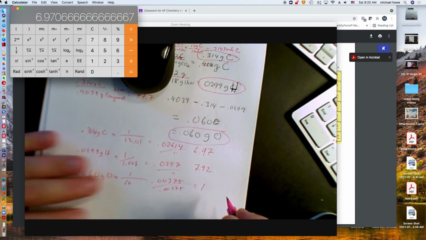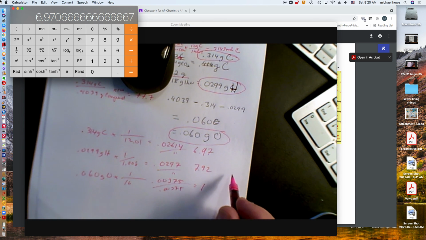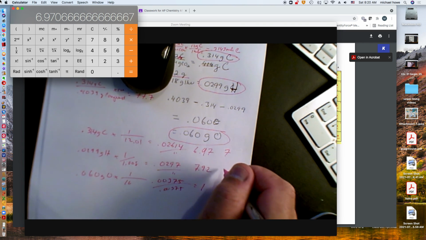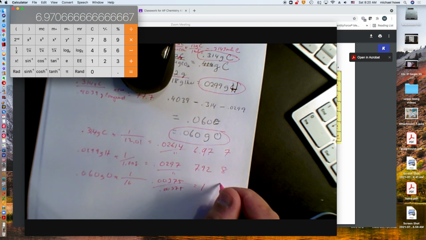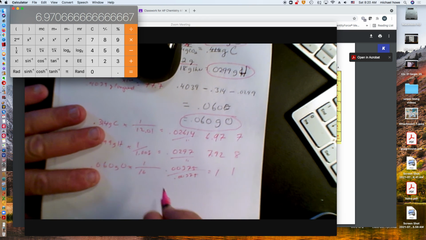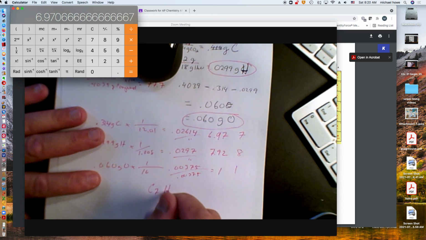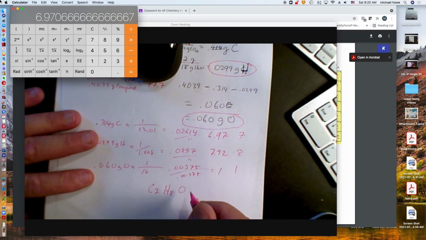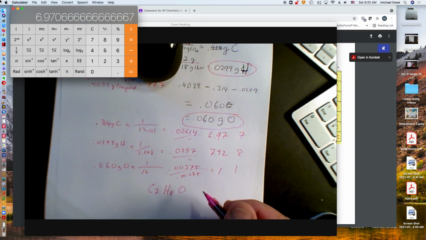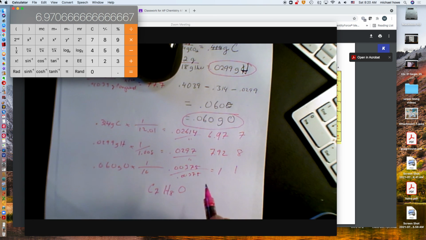Now in general, fourths, thirds, and halves, these are pretty close to whole numbers. I would try that at 7, that at 8, and that at 1. So that would make our empirical formula C7H8O. Yep, that's what the book got, just double checking.